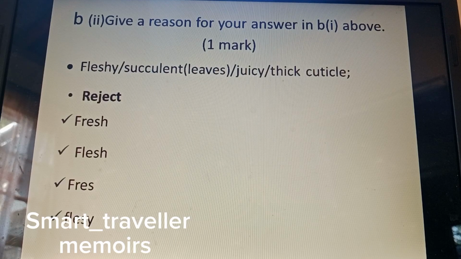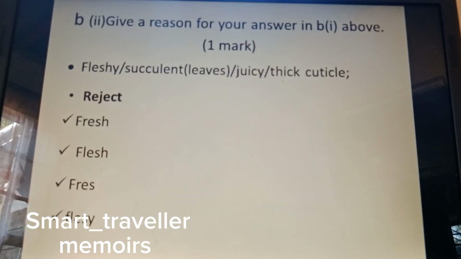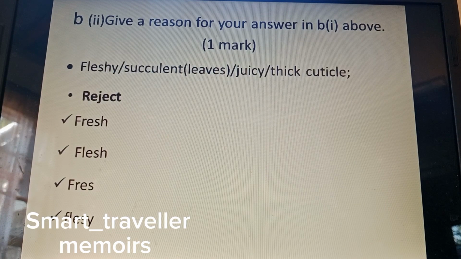B2, give a reason for your answer in B1 above. The reason is that it has fleshy or succulent leaves. Fleshy leaves, or succulent leaves, or just fleshy or succulent. Juicy, it is juicy, or it has a thick cuticle.